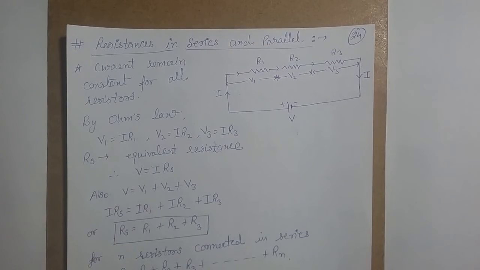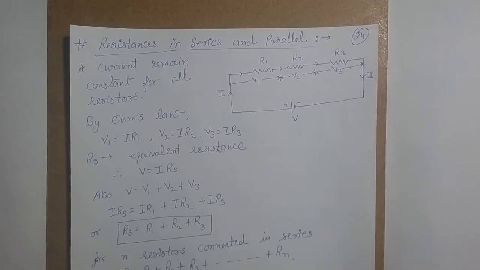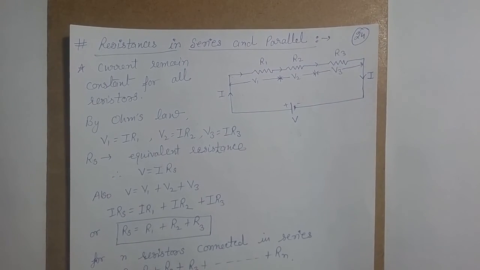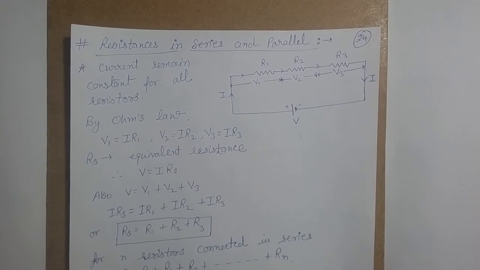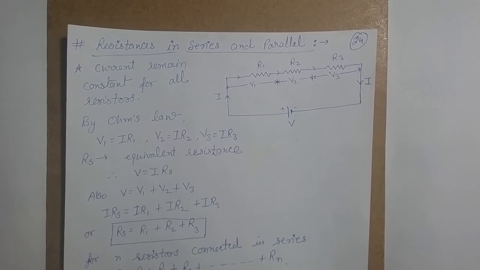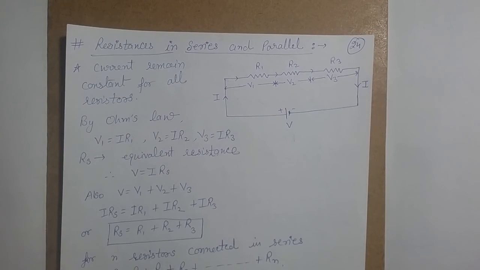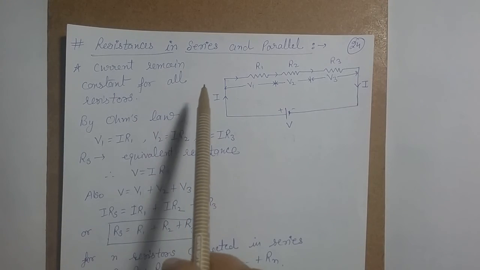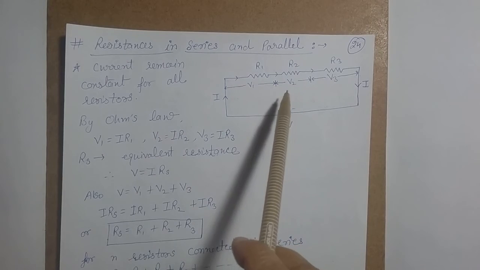Now, our next topic is resistances. You had studied what a resistance is, and you had already studied in your 10th class the combinations of resistances. The resistances can be combined in series or parallel combination.